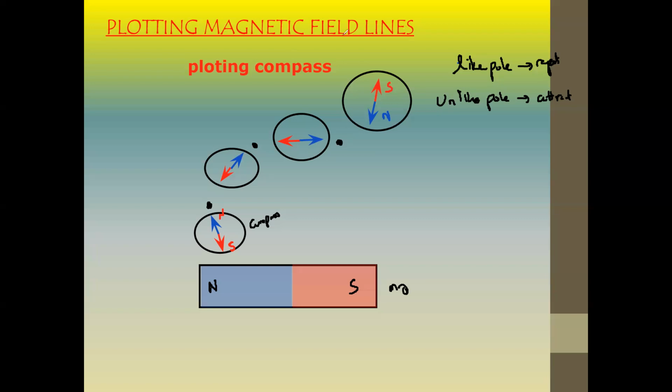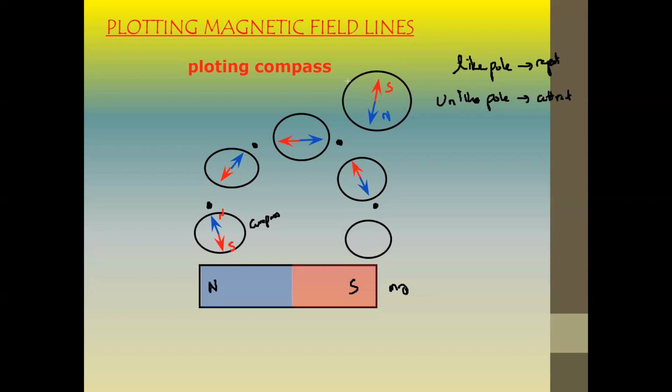Then we will move the compass until the last point which we marked comes in line with the needle of the compass, and we mark another point. And then we further move until we reach the south pole.